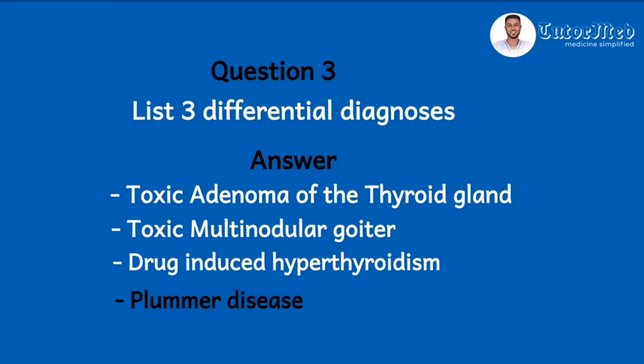So Plummer's disease is also a pathology with the TSH receptor, but this time, unlike Graves' disease, it is not being stimulated by an antibody. There is a gene mutation of the TSH receptor itself, which is giving a toxic adenoma or multinodular goiter. So that is Plummer's disease.